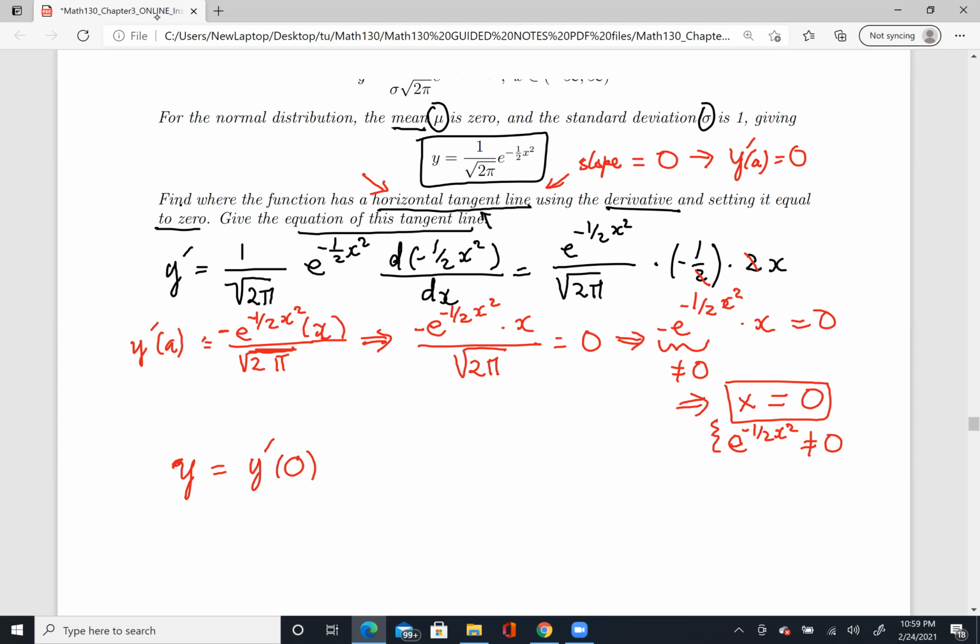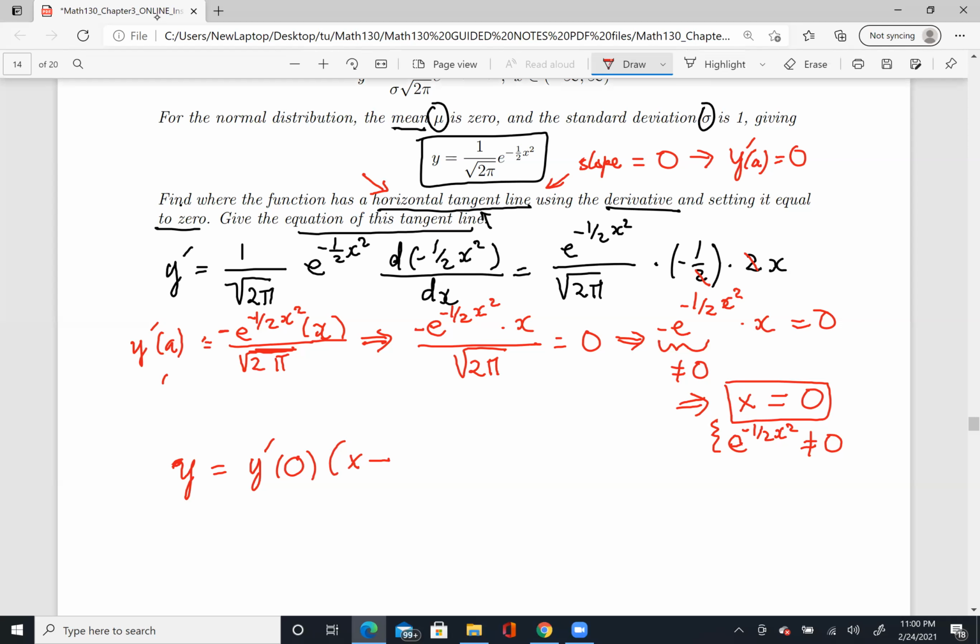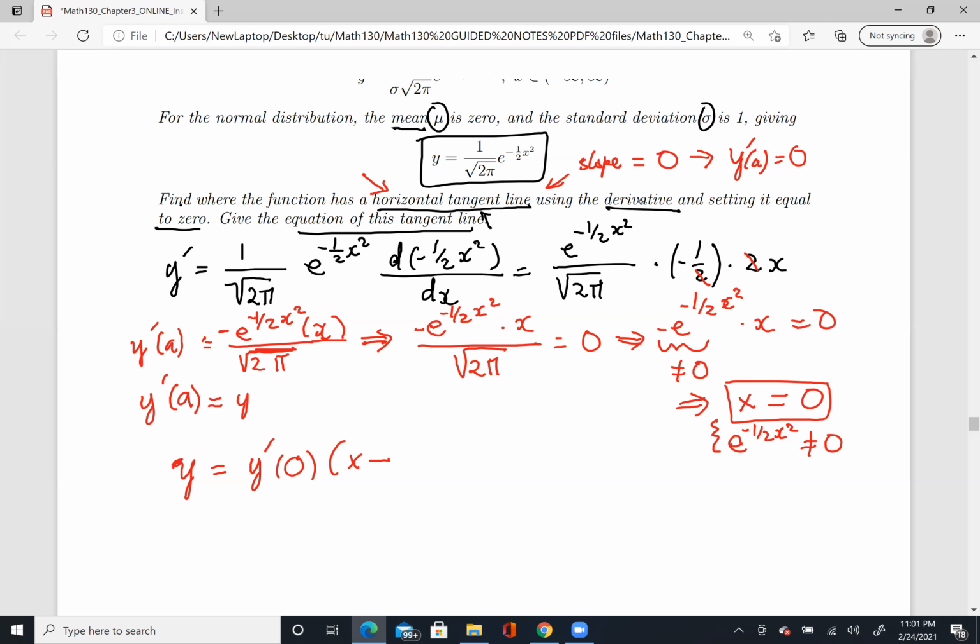So y derivative of a equals y derivative of 0, because x in this case is 0. So then a is just 0.